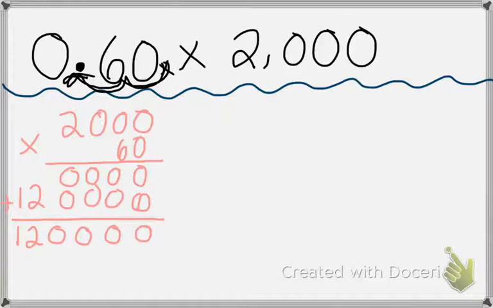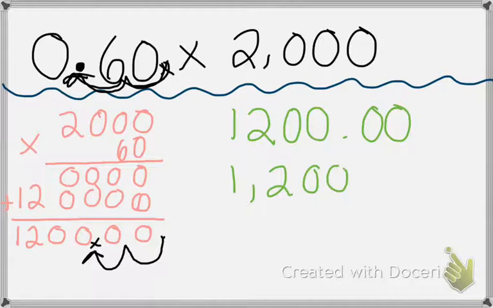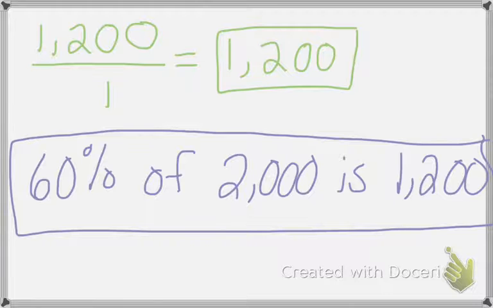We're going to do the same thing for our answer down here. 1, 2. So now our answer is 1200.00, which is 1,200. Now I think that's the same answer as we had before. Let's see. Yes, it is. It's the same exact answer as we had.